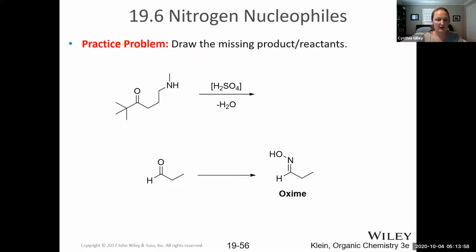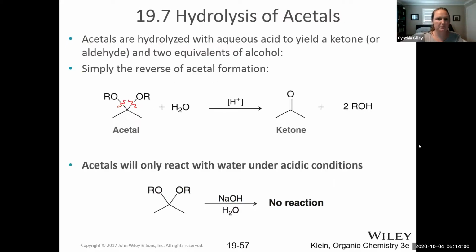And we are on the 19.7 hydrolysis of acetals. So we've been talking about the fact that a lot of these reactions are reversible. Specifically, hydrate formation is reversible, acetal formation is reversible, imine, enamine formation is reversible.